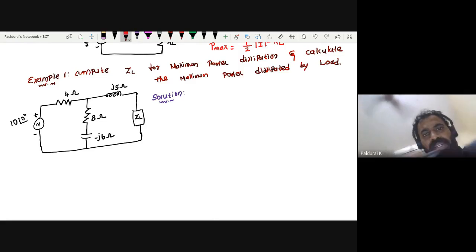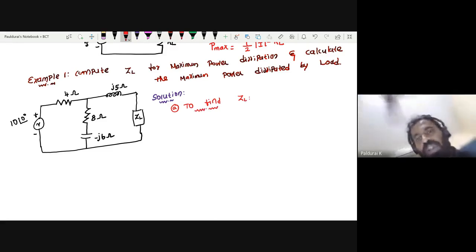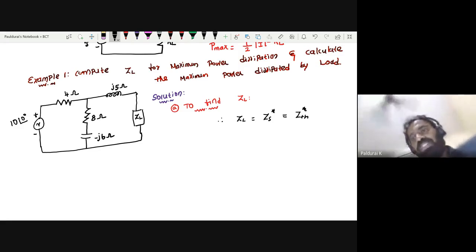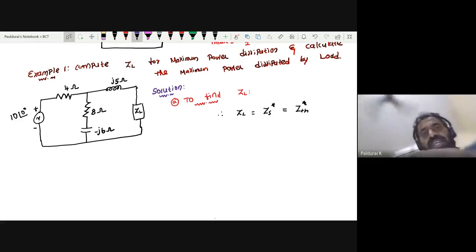First, we will calculate subdivision A, to find ZL for the maximum power transfer theorem. So this time, the load is an impedance. If the load is an impedance, then ZL equals ZS conjugate, where ZS is nothing but ZTH, the conjugate of the Thevenin impedance. So you want to calculate the Thevenin impedance.